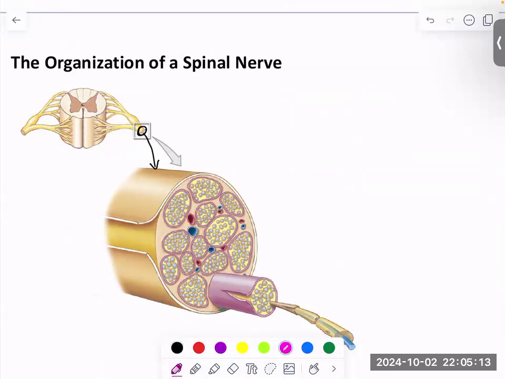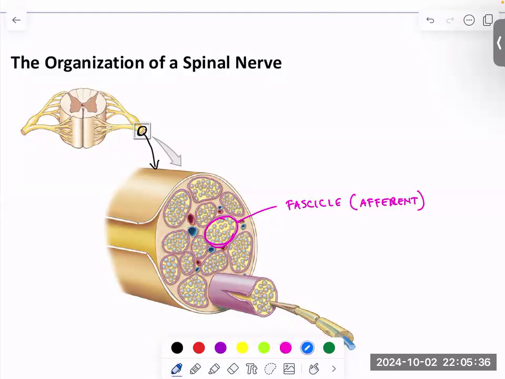Before I move on, this is a fascicle. This one, for example, might be afferent. What does that mean? It's sending sensory information to the spinal cord.